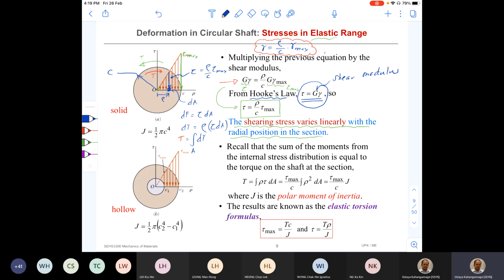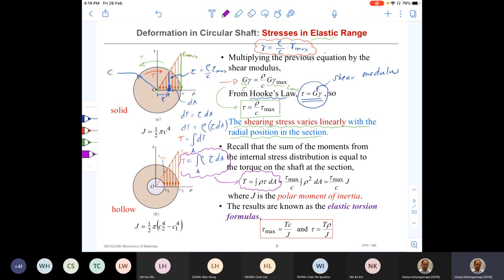So this should be equal to the integral over the whole area of rho times shear stress times dA. This is T. Can you see that same equation written here? That is how that equation is written.